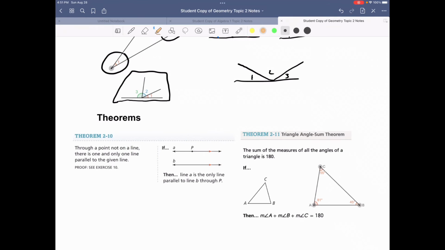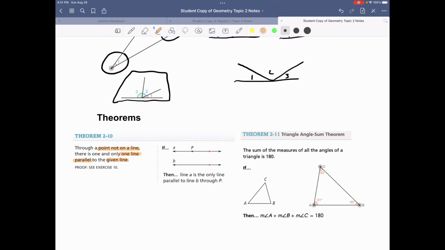In this section, we have a couple theorems. Theorem 2-10, and the number doesn't really matter, says that through a point not on a line, there is one and only one line parallel to the given line.